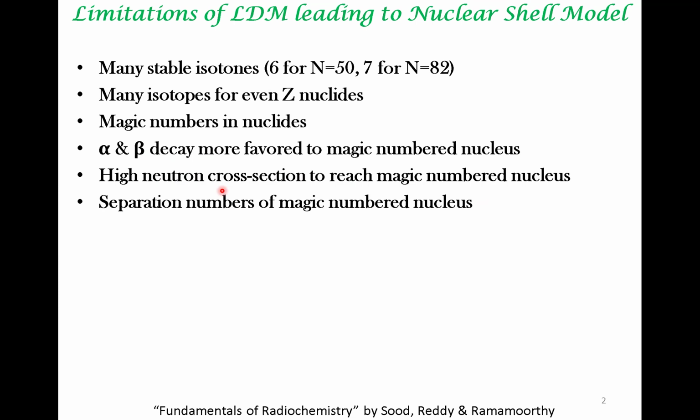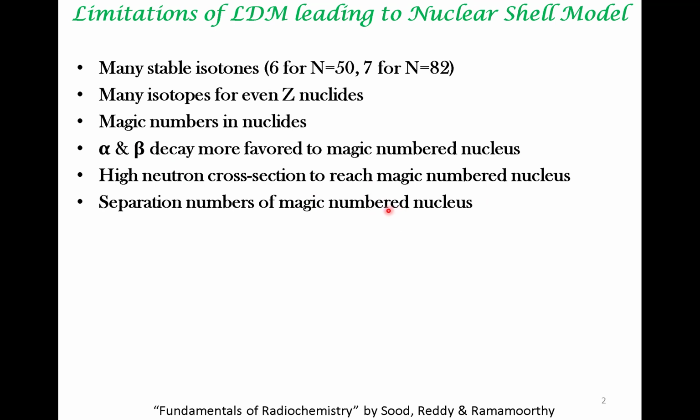The liquid drop model is also not able to explain the separation energies of magic number nuclei, why it takes much more energy to remove the highest energy neutron or highest energy proton from a magic number nucleus.